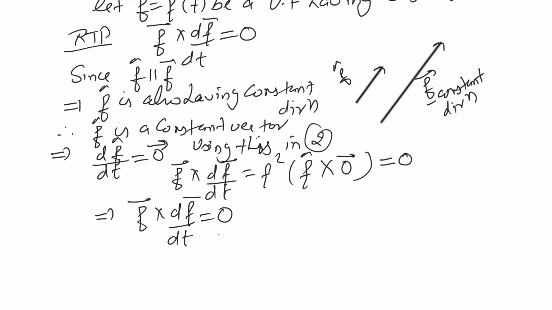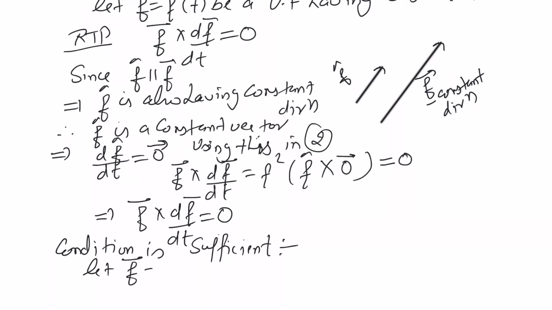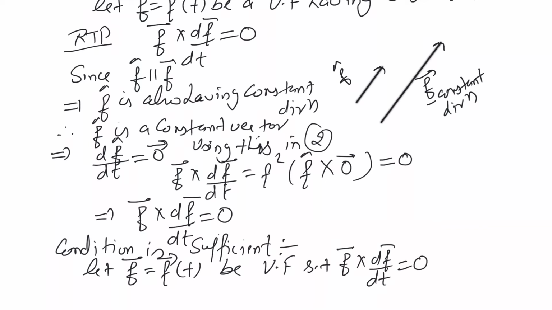Now next, the condition is sufficient. Let f is equal to f(t) be a vector function such that f cross df by dt is equal to 0.